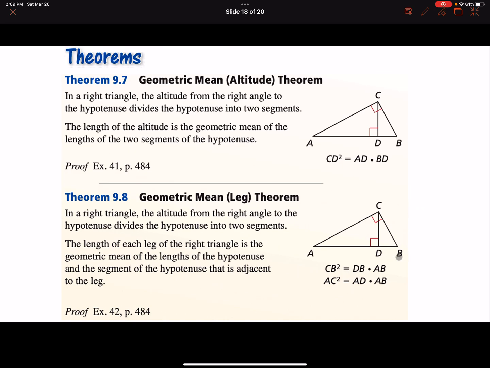If I want to find BC or CB, then I have to multiply this smaller segment, which is adjacent to CB, BD, by the entire hypotenuse, AB. Okay, and it's going to give me the shorter leg of the whole big triangle.